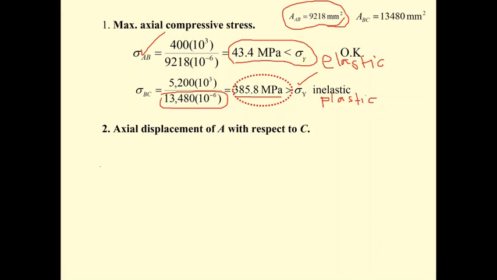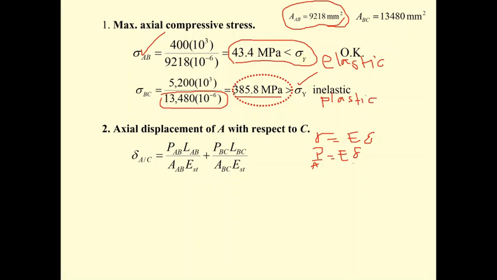Next, we determine the axial displacement of point A with respect to C. If you remember from mechanics of materials, we have sigma equal to E times epsilon, and the stress is P over A, equal to E times the deformation divided by L. So the deformation is going to be PL divided by AE.